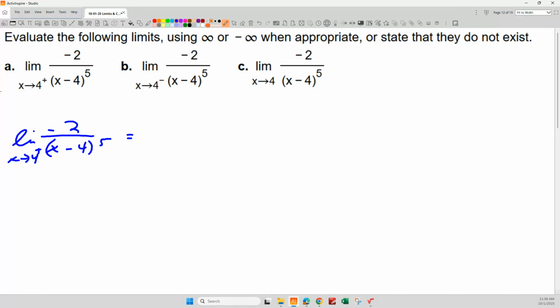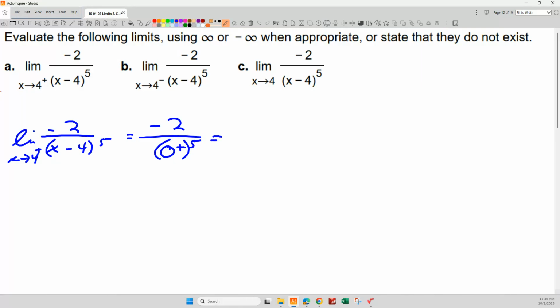Well, negative 2 divided by a number slightly bigger than 4 minus 4 is what? 0 positive, right? So I'm going to get 0 positive to the 5th.